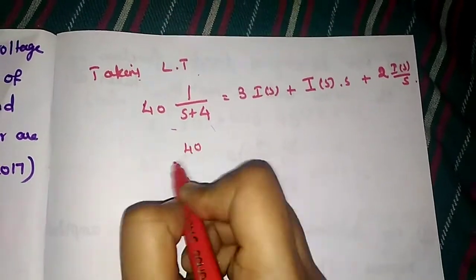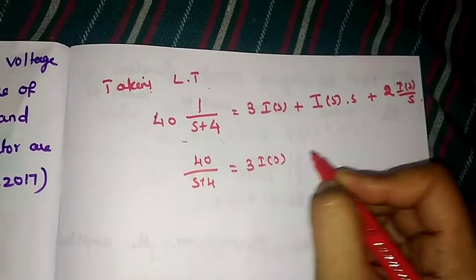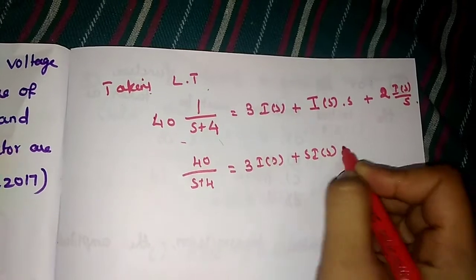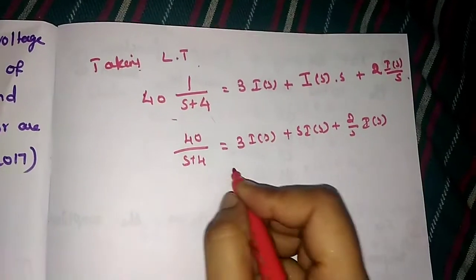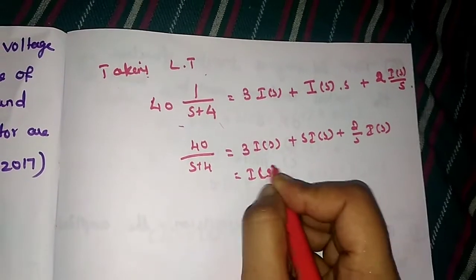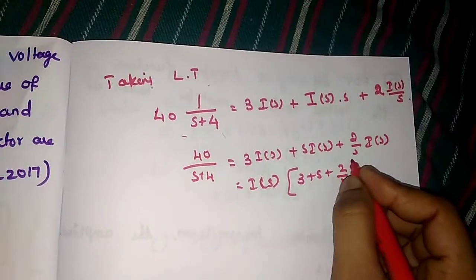So this becomes 40 divided by s plus 4 equals 3 I(s) plus s I(s) plus 2 by s I(s). So taking I(s) outside, we get 3 plus s plus 2 by s.